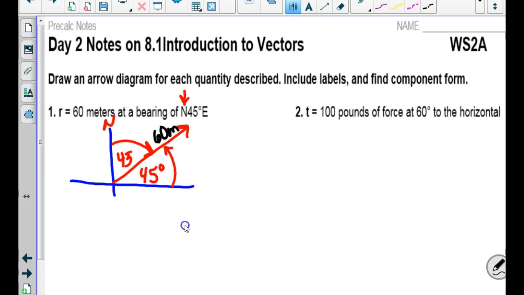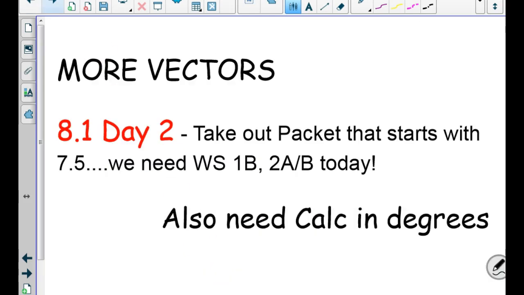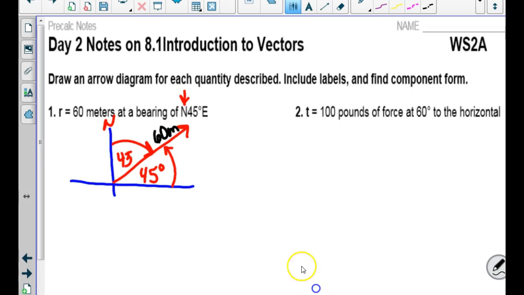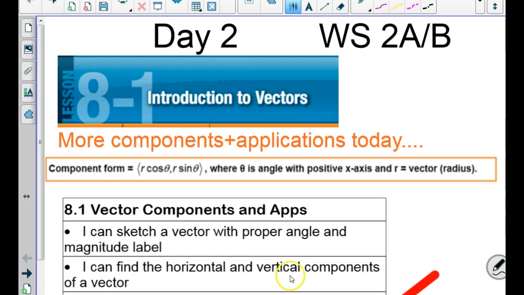So that's really our drawing. And then does anybody remember how we do components? Yes. Does this look familiar? I don't know if that's on your reference sheets. Might not be because you'll have done enough of them by the quiz that you shouldn't need it, but it's the length of the vector times the cosine and the length times the sine.